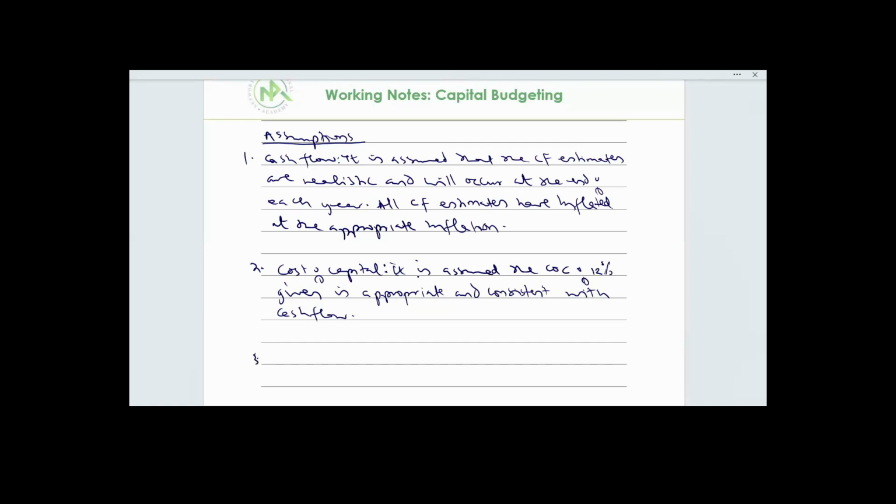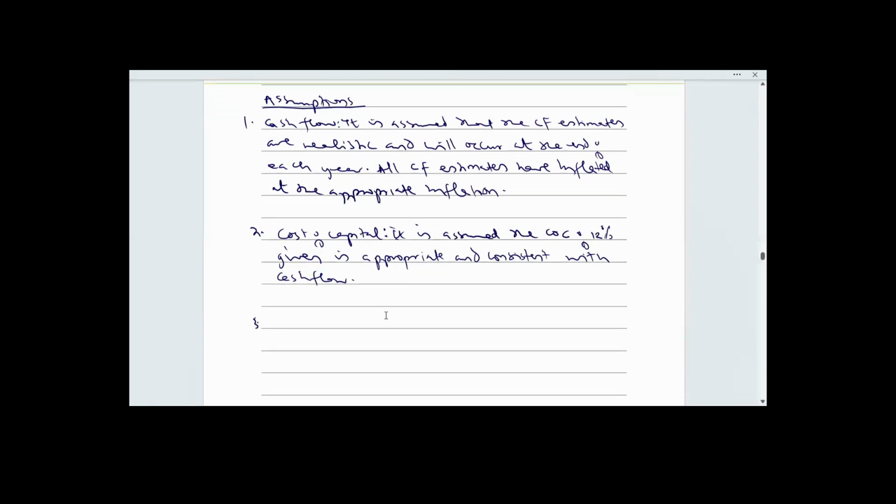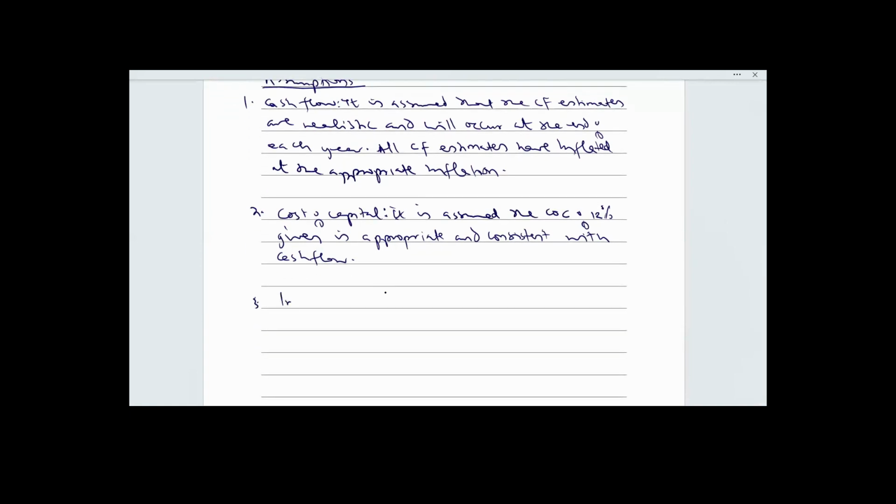Then number 3, we talk about inflation. What's our assumption under inflation?